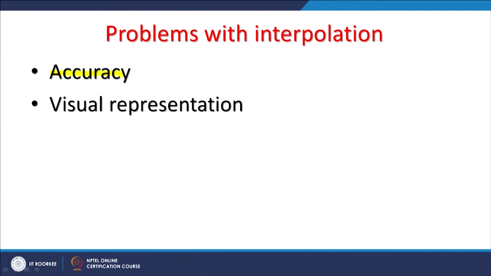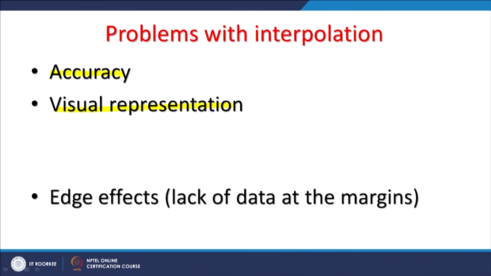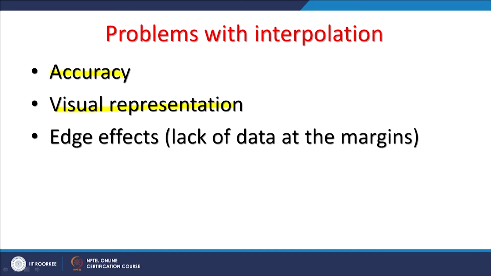In future lectures, we will also discuss how to check whether my digital elevation model, employing a particular spatial interpolation technique, is really accurate. That part can also be checked. Visual representation or visual checking is also possible.